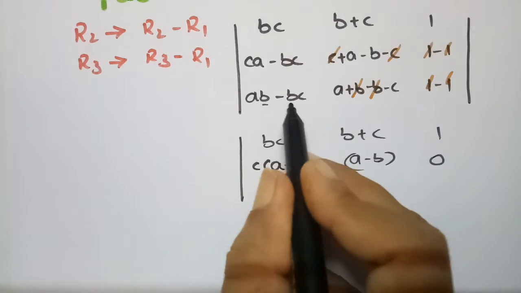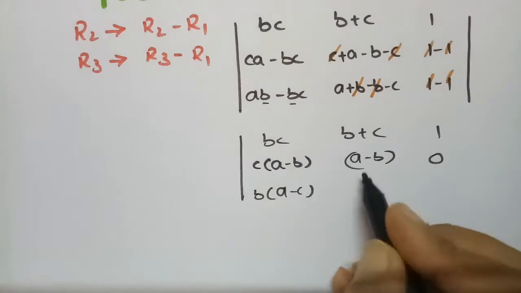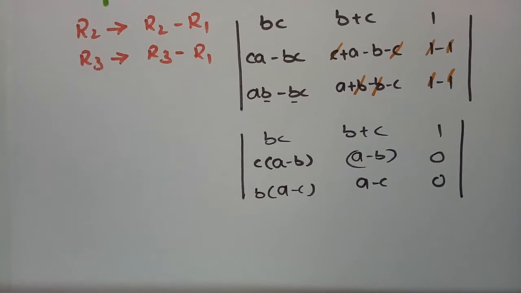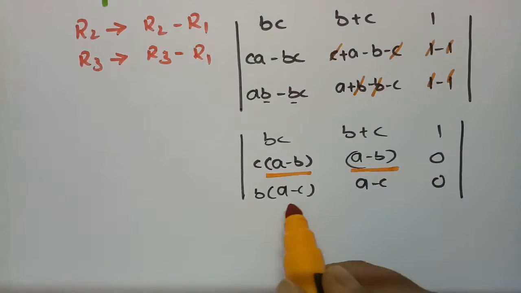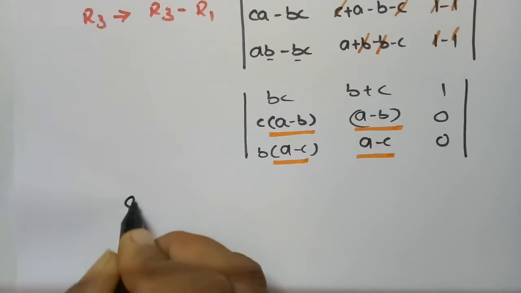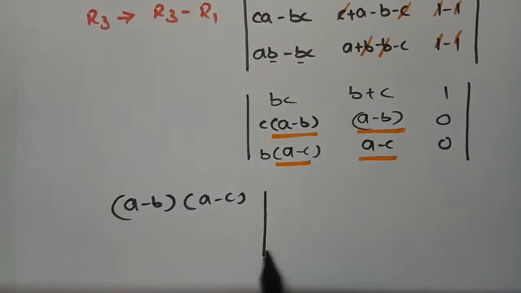And here I can take B common, so this will be A minus C, and this one is 0. From the whole of row 2 I am taking A minus B common, and from row 3, A minus C common.